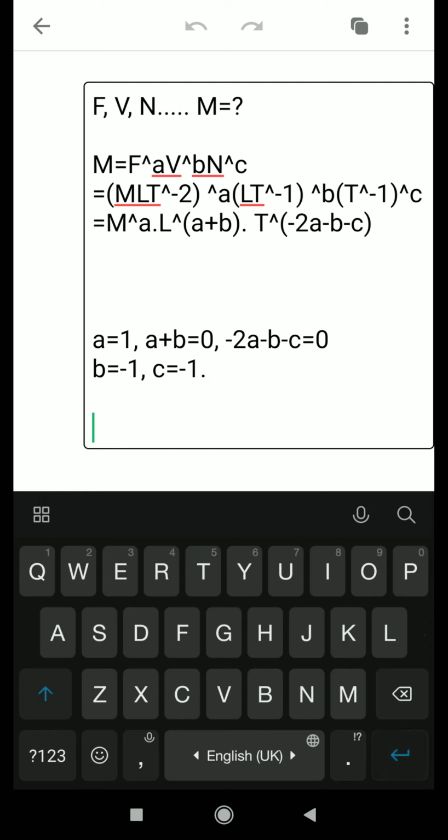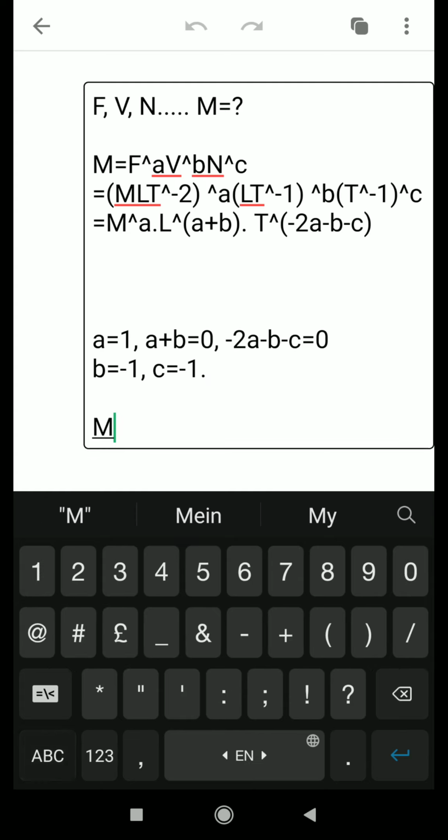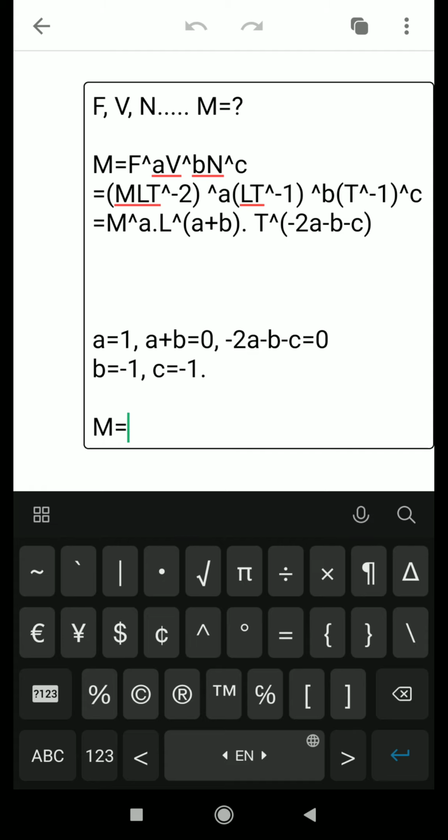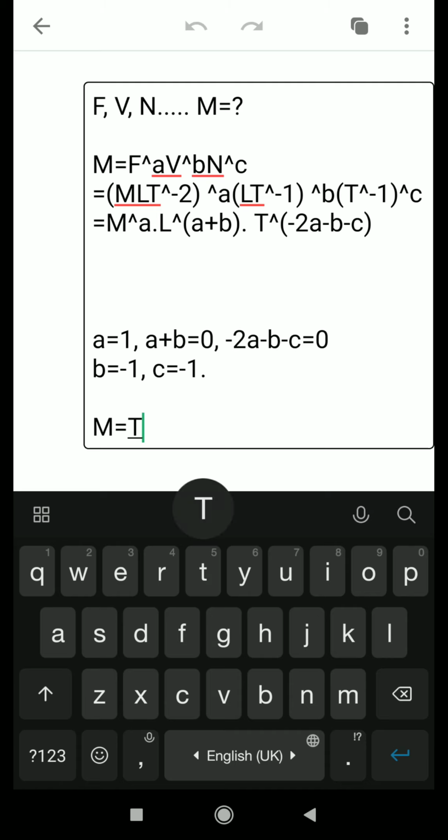So we got the dimension of mass here. What will be the dimension of mass? M equal to F to the power 1, that is F, V to the power minus 1, and N to the power minus 1.